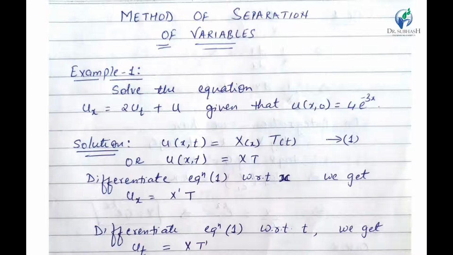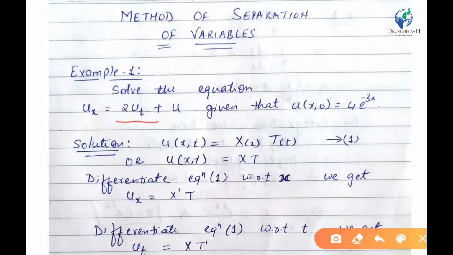Here our function is u, and ux denotes differentiation of u with respect to x and ut denotes differentiation of u with respect to t. So by this we can understand that u is a function of x and t. So we will start our solution by the same.